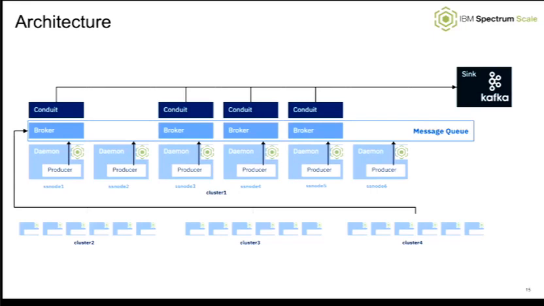As you can see here, we have a Spectrum Scale cluster with a few nodes. And what would happen prior to 5.10 is that we would push the records, the JSON objects, to the brokers in the message queue outlined here in the diagram. The message queue required us to have local disk space on broker nodes. This was needed to be able to persist messages in this, if you want to call it, intermediary step.